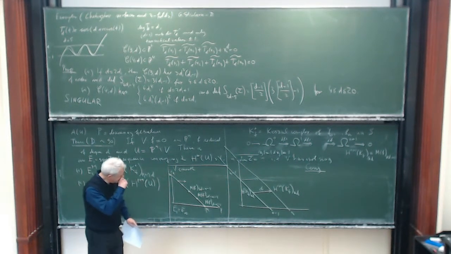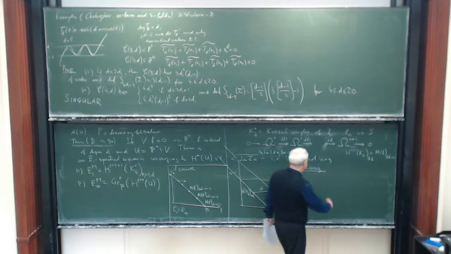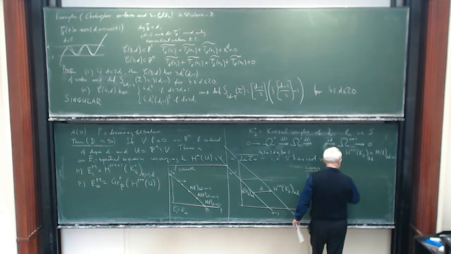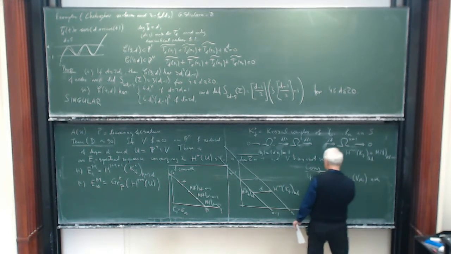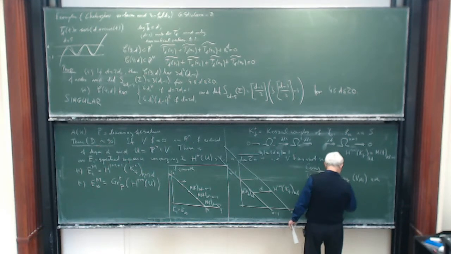Okay, and an interesting conjecture related to this spectral sequence is the following: if all the singularities are weighted homogeneous, then this spectral sequence degenerates at E2.